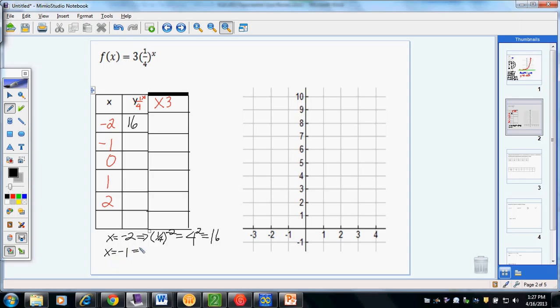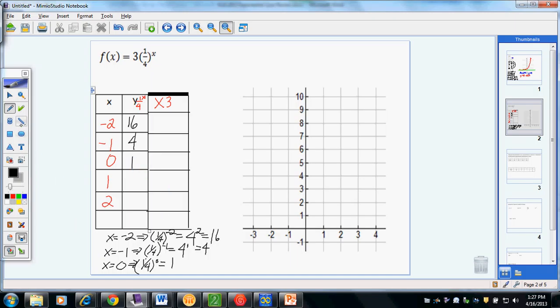Well, this implies again that we have 1/4 to the -1. The negative tells us flip the base and make the exponent positive, so we get 4. Alright, x equals 0 implies 1/4 to the 0 power, which is 1.